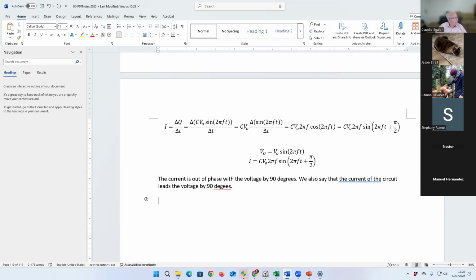Leads, because at 90 degrees you have a positive sine.